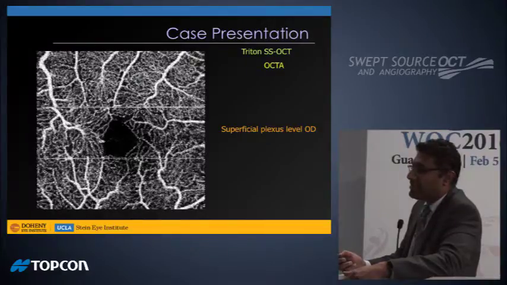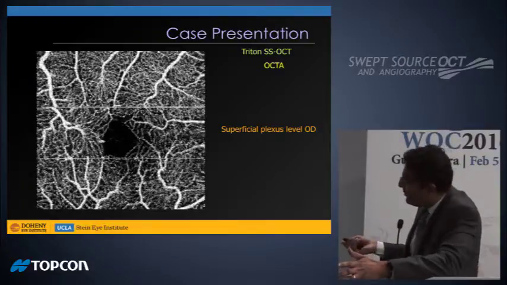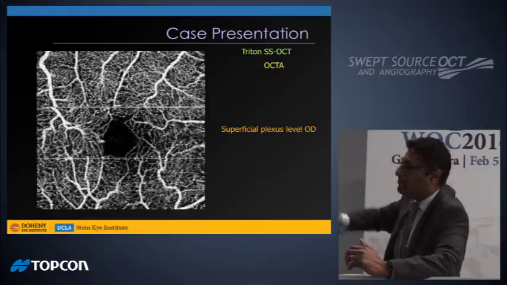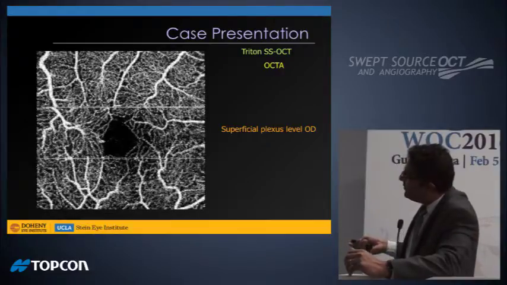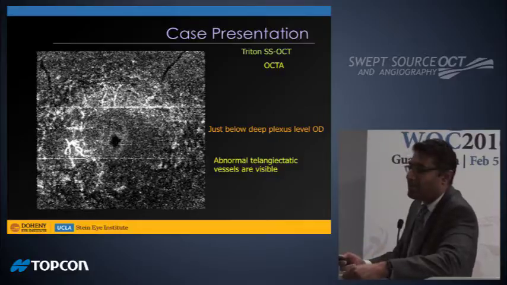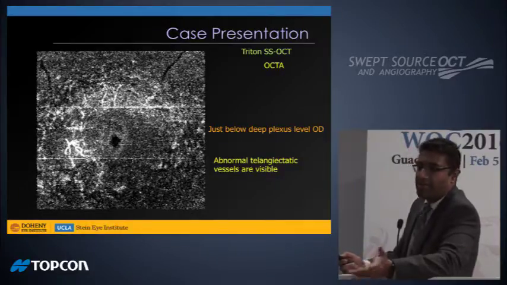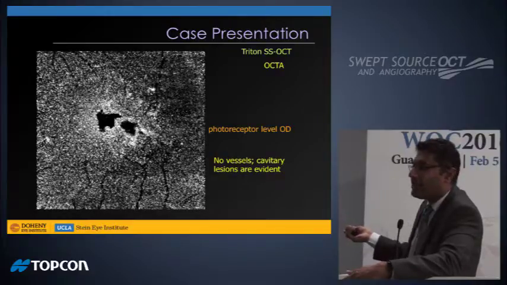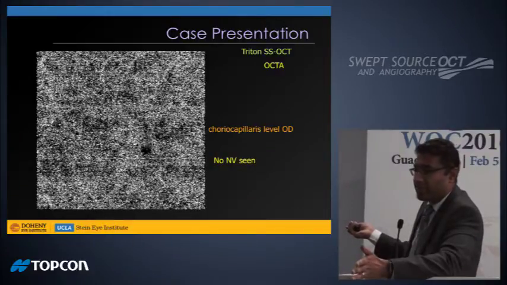But notice that when we did the OCT angiographic image on this patient, yes, the superficial capillary plexus looked a little bit abnormal, but what was really striking was when we dropped even below the deep plexus down towards the outer nuclear layer, we were still seeing these vessels, and they're these dilated abnormal vessels. And of course, we didn't see anything down at the photoreceptor level except the cavitations, nor did we see an abnormality at the choriocapillaris level in this patient.